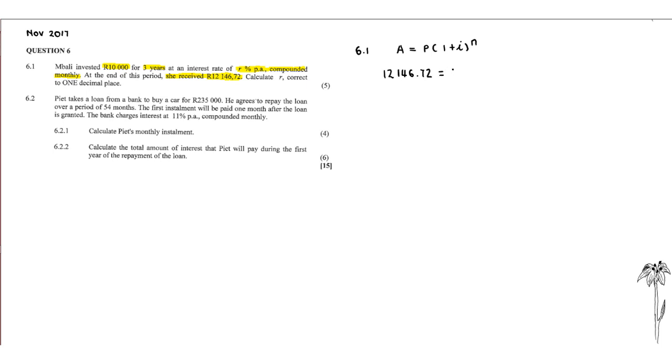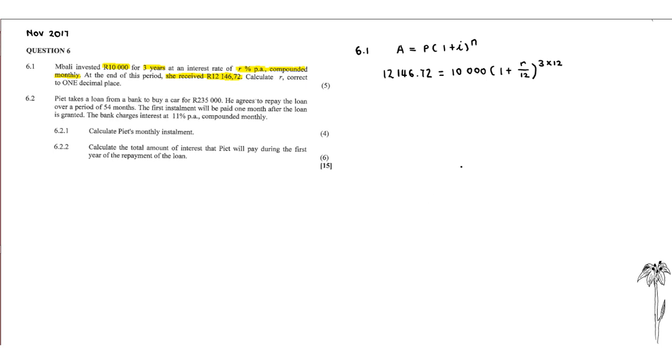She invested 10,000 Rand. 1 plus the interest that she was earning, which is a value of r, and this was being compounded monthly, so you have to divide it by 12, and she did this for a period of 3 years, so we have to multiply that by 12 as well.